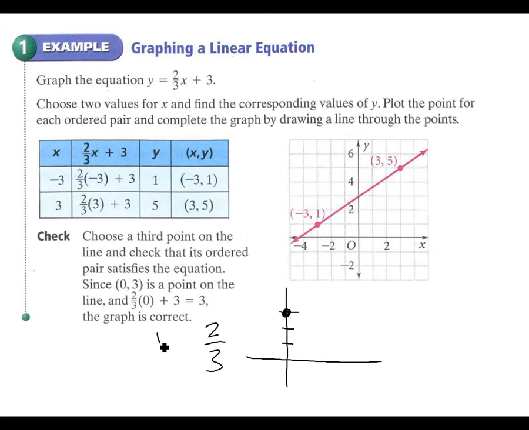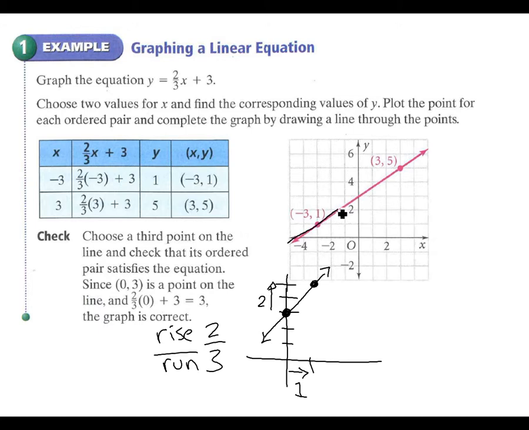So if we remember rise over run, from this point we're going to rise 2, go up 2. We're going to run, go over 1, so over 1, up 2, and we'll end up right about here. And then we can connect those points, and we end up with the same line as we have over here.